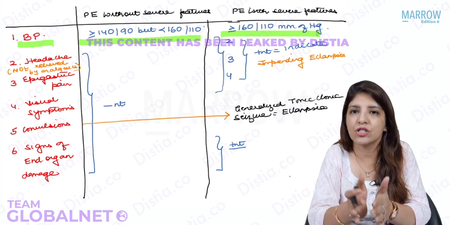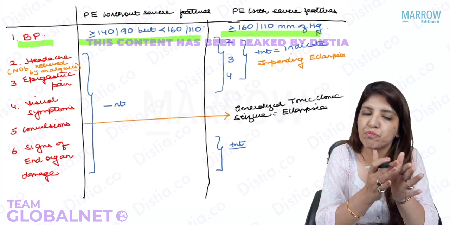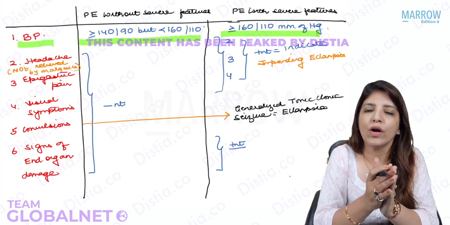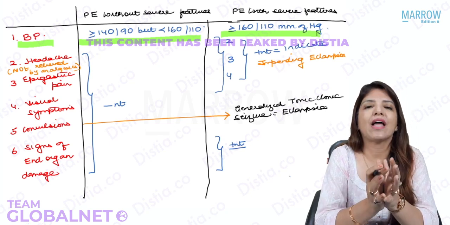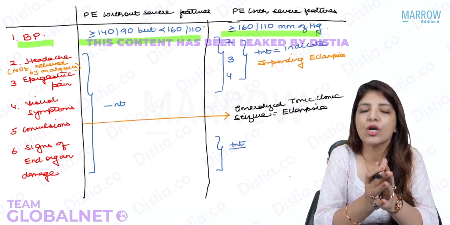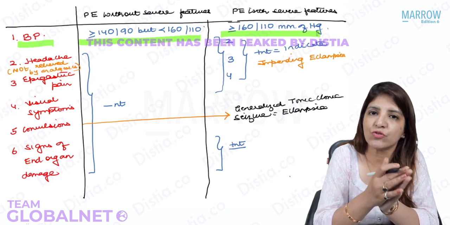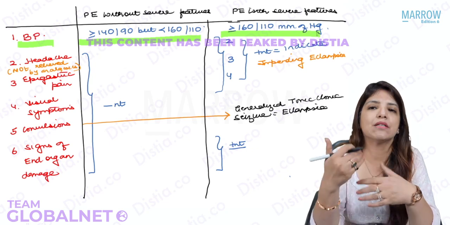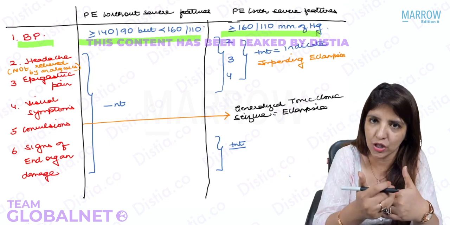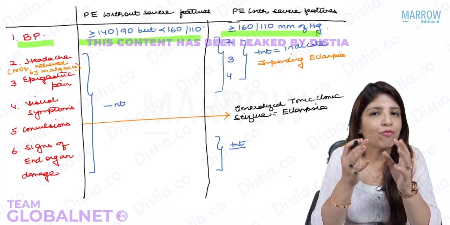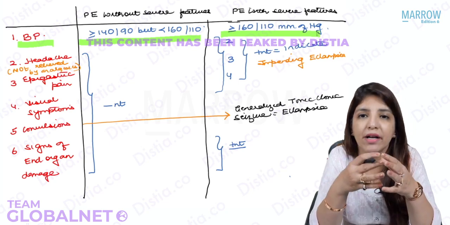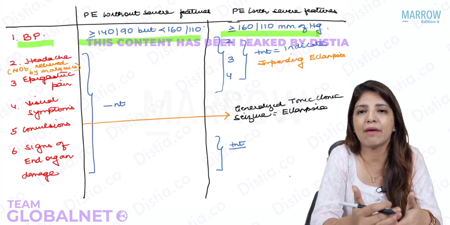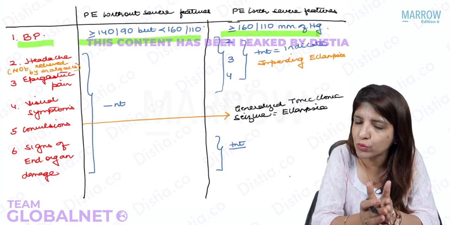Eclampsia is a consequence of severe preeclampsia, that is preeclampsia with severe features, right? So earlier we used to say that there are certain symptoms which tell us that in a patient of severe preeclampsia, eclampsia is about to happen, which were called symptoms of impending eclampsia. So now they say that if you are getting symptoms of impending eclampsia, it automatically means you are dealing with preeclampsia with severe features.